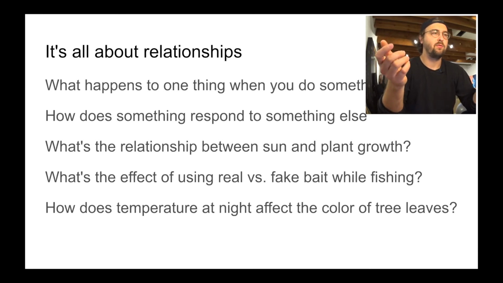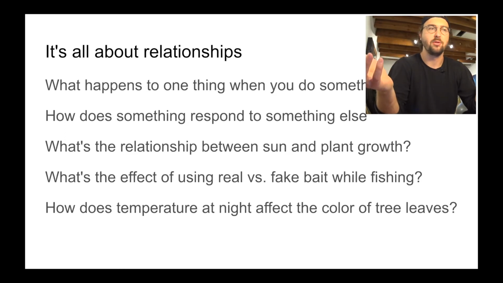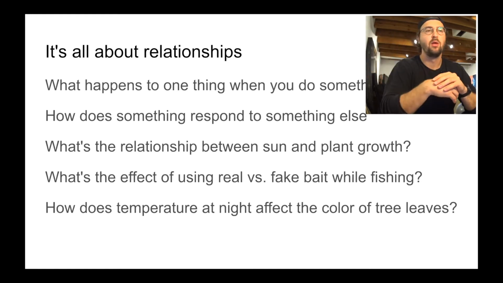So, for example, how does the temperature at night affect the color of tree leaves? We've got a testable question, right? How does one thing affect something else? The two things we're looking at are the temperature at night and the color of tree leaves, or just temperature and tree leaves in general. And so again, remember, it's all about relationships.